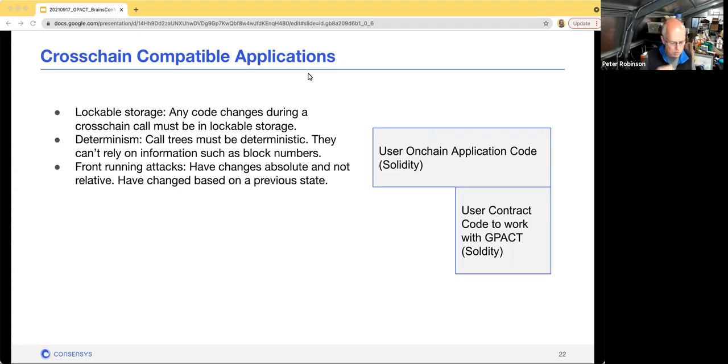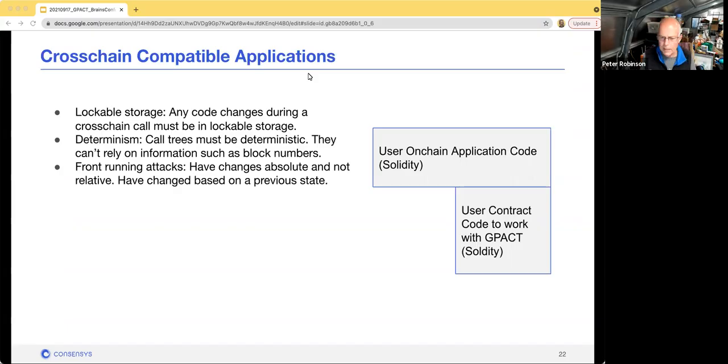I've been talking about how when an update occurs, the update goes into provisional storage, and then you can't modify that value until it's unlocked, either by committing or discarding the update. The call execution trees need to be deterministic. So you can't commit to a random value. You need to rely on values that are deterministic. So you can't rely on, say, block numbers or something like that.